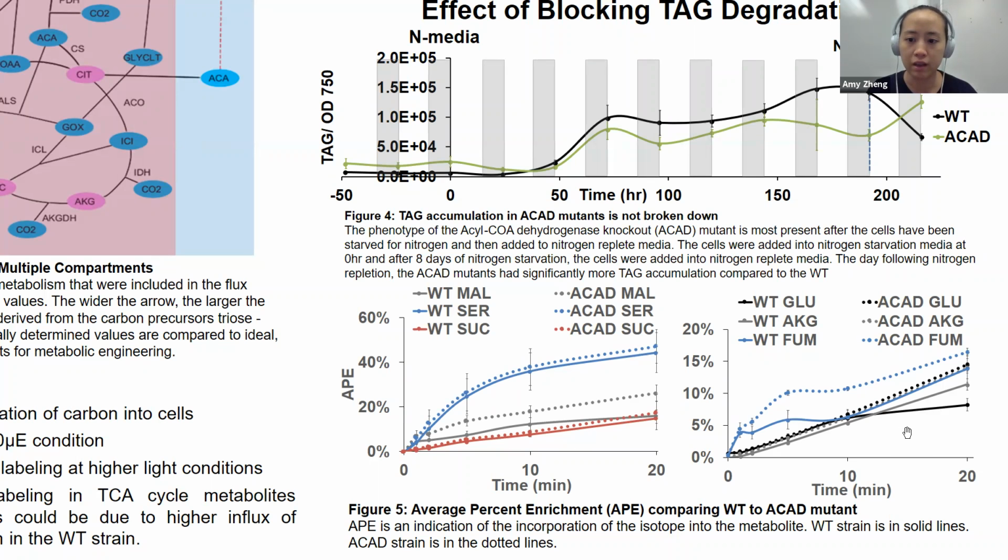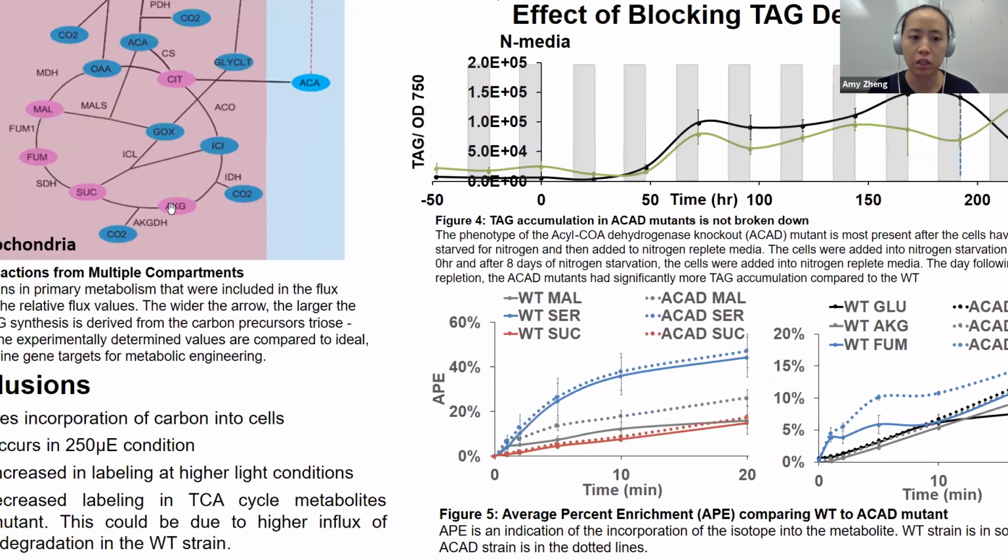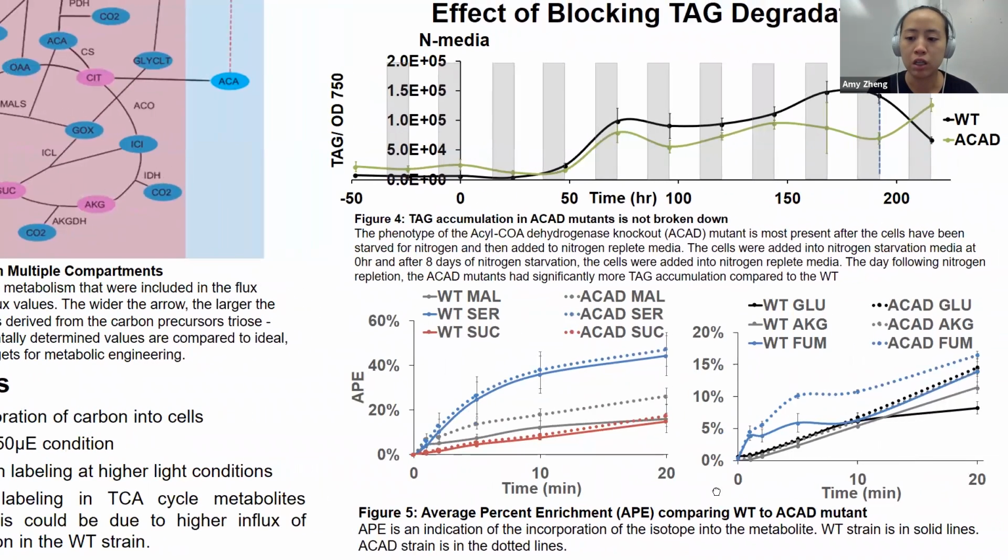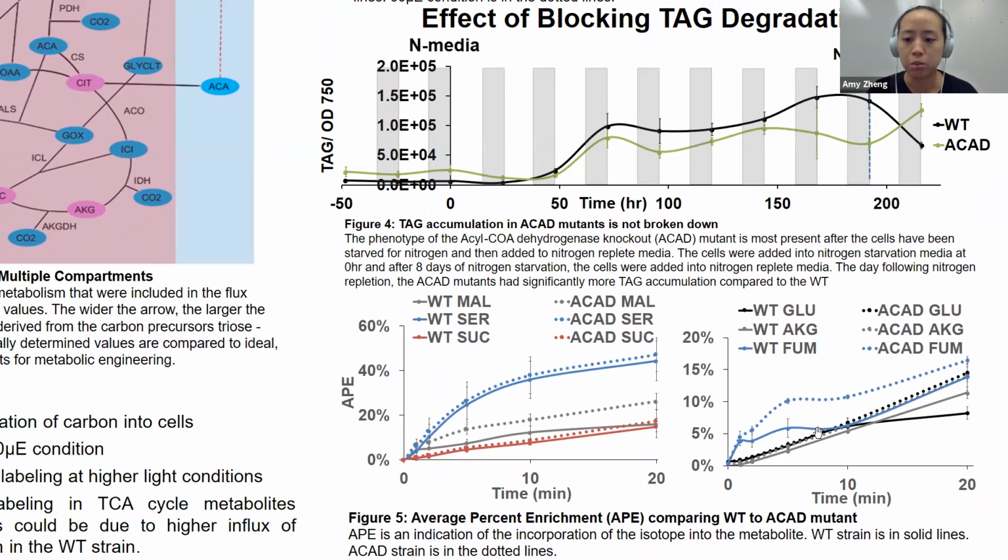However, when we look at glutamate and AKG and fumarate, we can see that there is a lot less labeling in the wild type compared to the ACAD mutant. And we predict that this might be because TAG degradation is contributing unlabeled carbon into the wild type, which is not able to be seen in the ACAD.